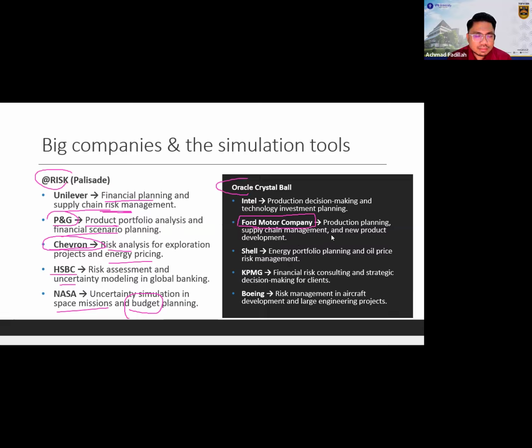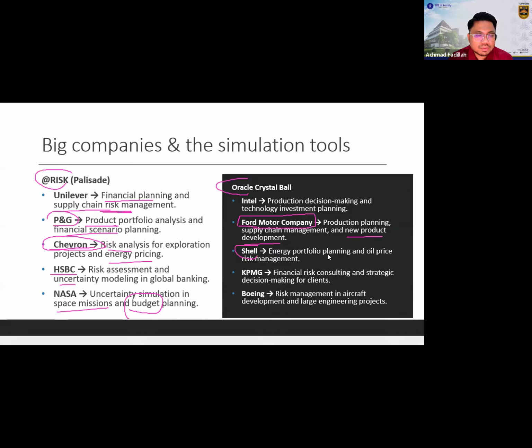Maybe after they simulate the new product development, they found they can compete with the Chinese products.